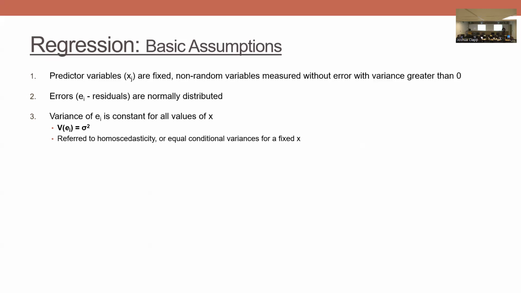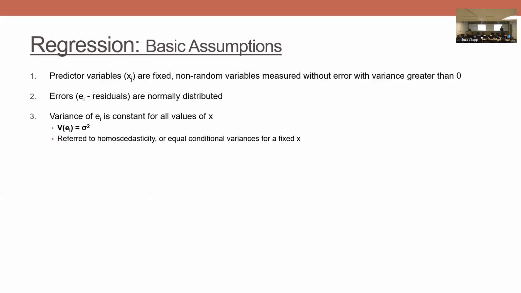About what you mean by variability of errors, because is the error in this context just what we're not accounting for with x? Yep. Okay, thank you. Yep. Our error is anything that's creating variability in our outcome that's not attributable to something in the model.